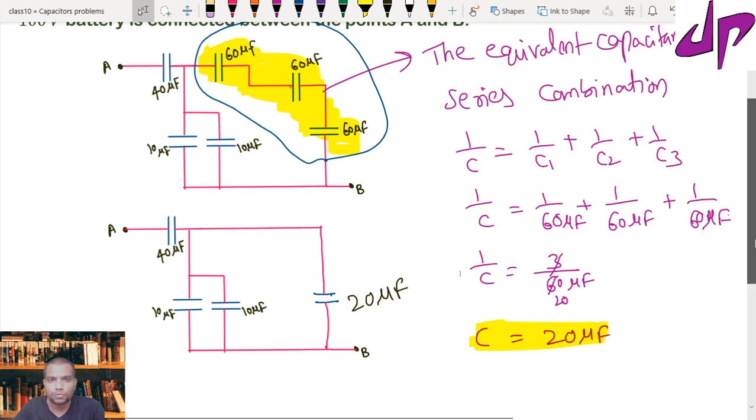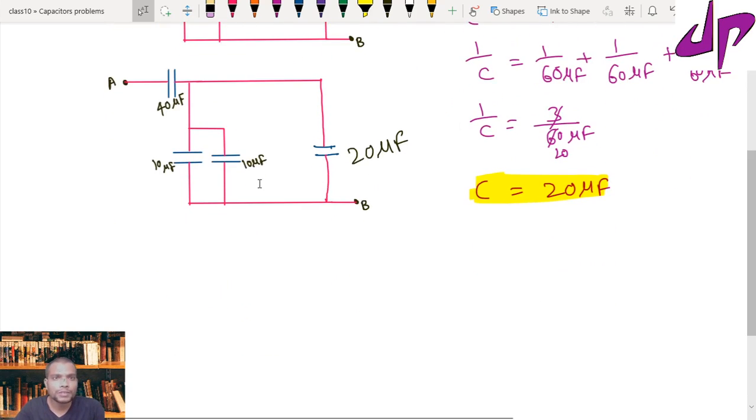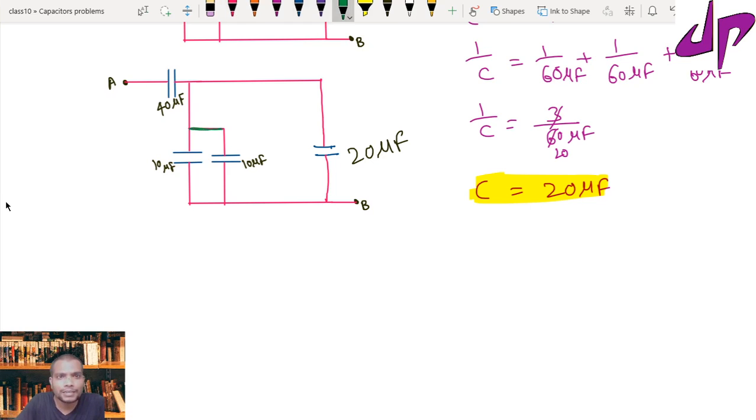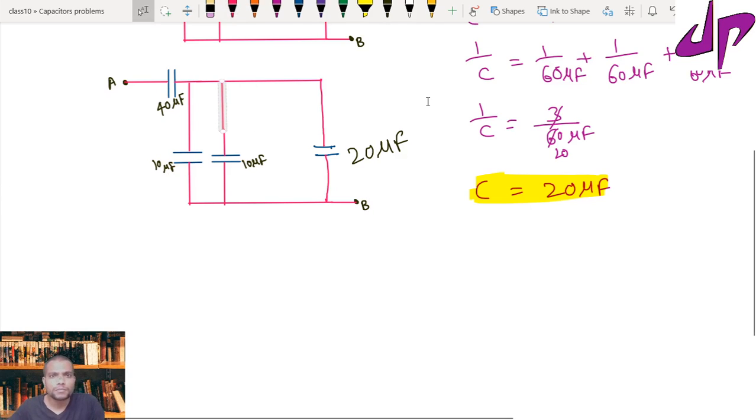Now I would like to modify this diagram a little. Here we can see the connection from here to here. This capacitance connected here is also equal if I connect it from there to here, because it has the same junction. Whether you connect from here or from there, it obviously is equal.